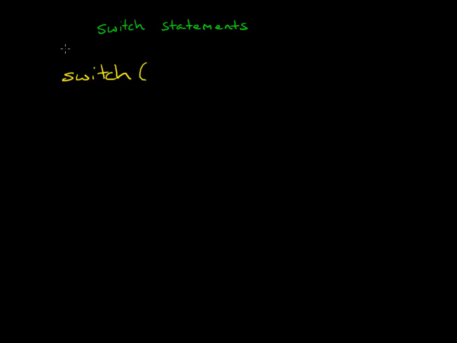So let's do it with an example. Let's say that I set up a variable and I call that day, and let's say that I put in the day, which could be Wednesday. So I say switch with my day.